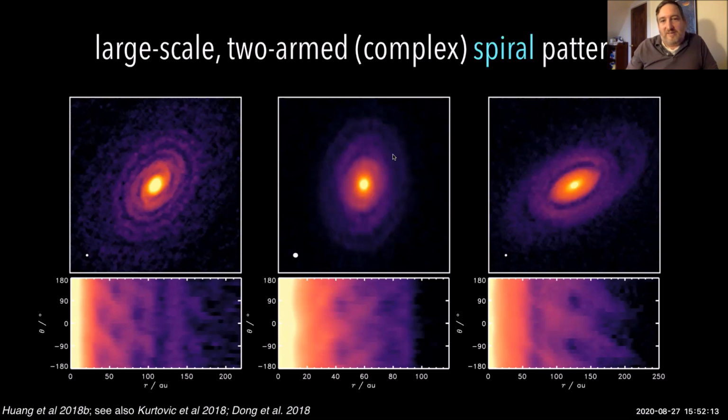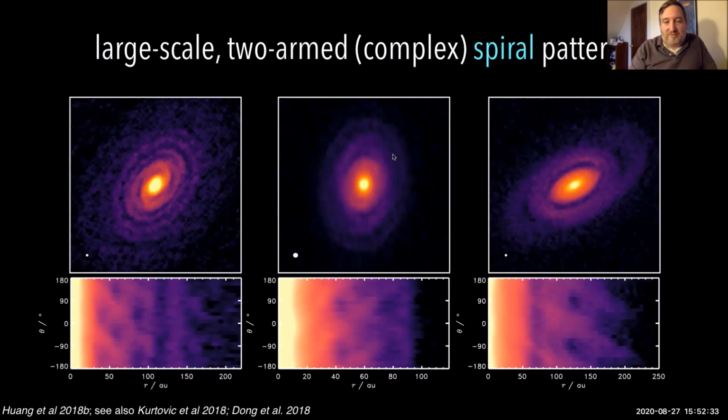It just might be that your ability to measure the polarized scattered light is maybe not the best. So I think there's a lot more examples of cases where you see spirals in the scattered light and you don't necessarily see spirals in the millimeter. And that actually could be all sorts of things.